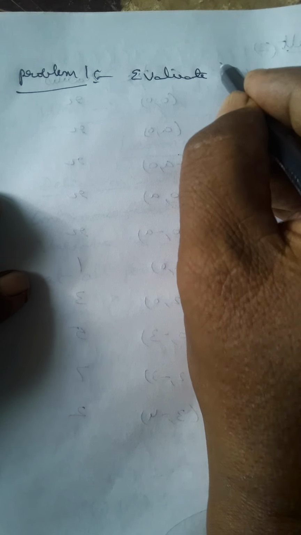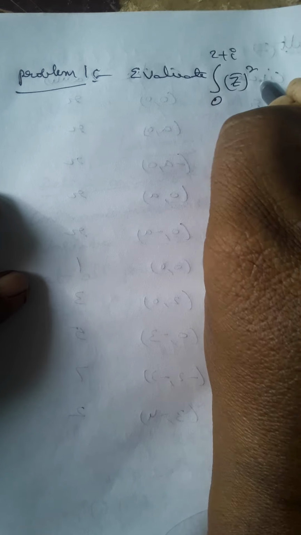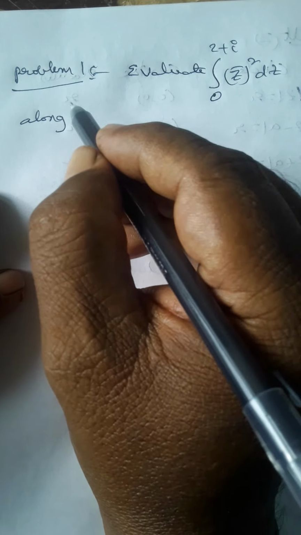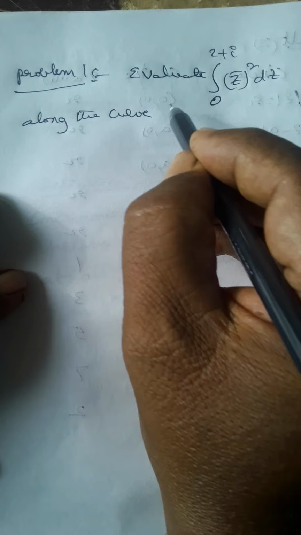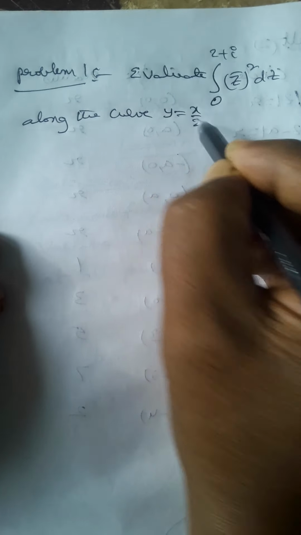Problem 1. Evaluate the integral from 0 to 2 plus i of z bar whole square dz along the curve y is equal to x by 2.